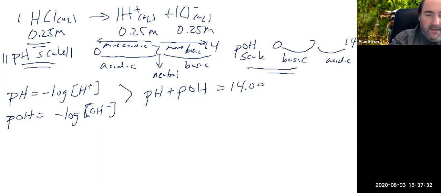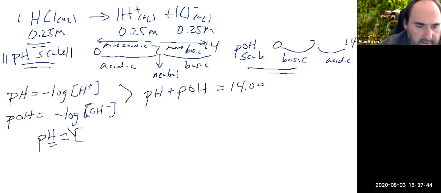Other things that we talked about in terms of these calculations: if you have the pH given to you, you can get the H plus concentration from it. The H plus concentration would equal the inverse log of the minus pH.